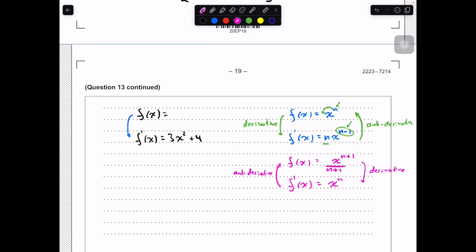Essentially, the idea is, if this was our original expression f(x), and we had taken the exponent and multiplied it out in front, we would have n plus 1 times x to the n plus 1. To undo that process, we know our exponent is going to have a value of 1 more than it otherwise would, and we're going to want to divide by whatever value that exponent is, because we know when we take the derivative we multiply by that value, and to do the opposite would be to divide by it.